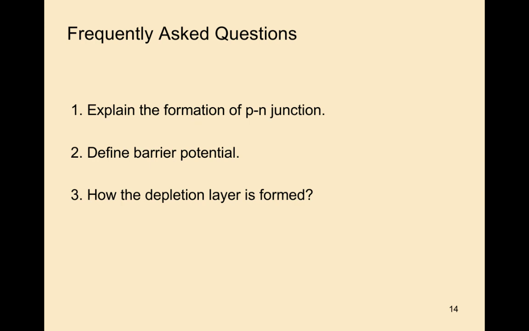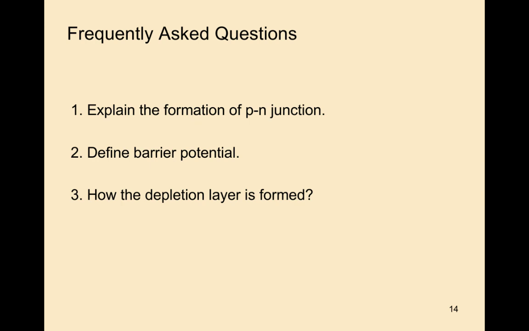So when we join p-type and n-type semiconductors, a junction is formed. Near the junction, holes and electrons move from one side to the other. By this movement, some potential difference is formed near the junction. That potential difference we call the potential barrier.